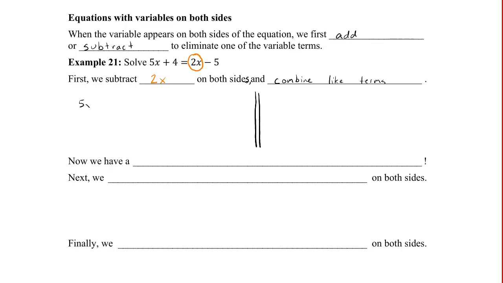So we've got 5x plus 4 on the left. I'm going to subtract 2x there. And then we have 2x minus 5 on the right. I'm going to subtract 2x there as well. So now I'm going to combine my like terms.